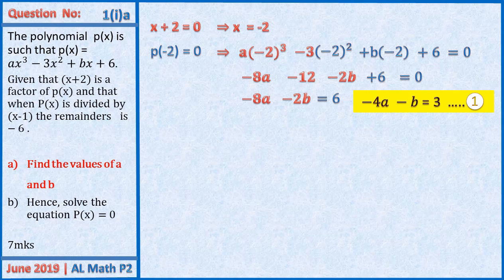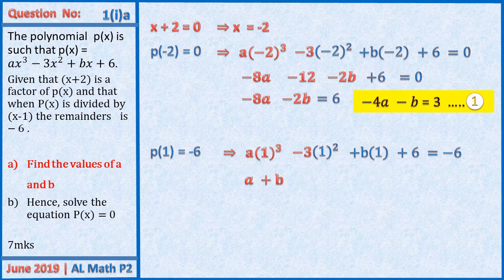Now the second condition states that when this polynomial is divided by x minus 1, the remainder is minus 6. This therefore means that p of 1 should be equal to minus 6. Substituting 1 into the equation gives us a into 1 to the power 3, minus 3 into 1 to the power 2, plus b into 1, plus 6.